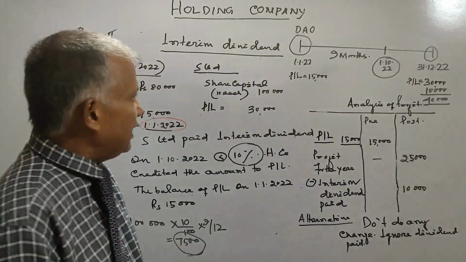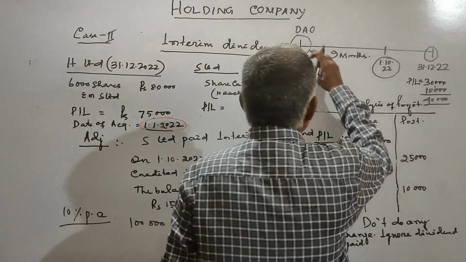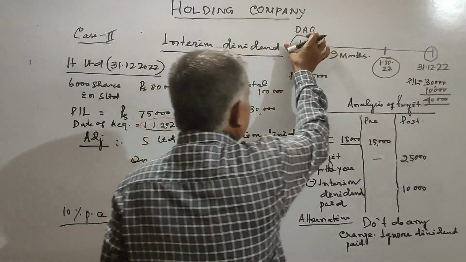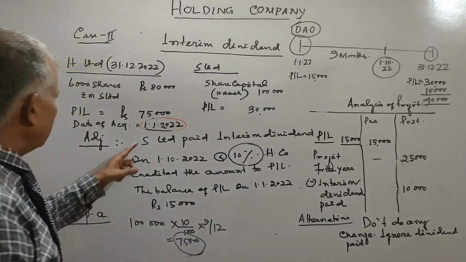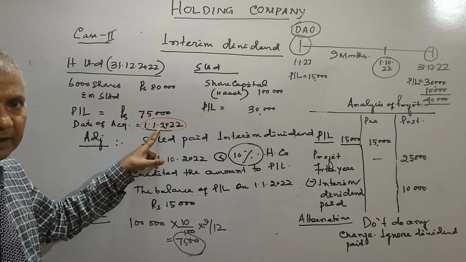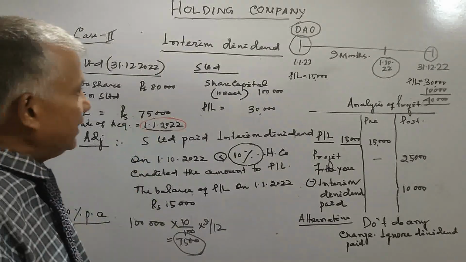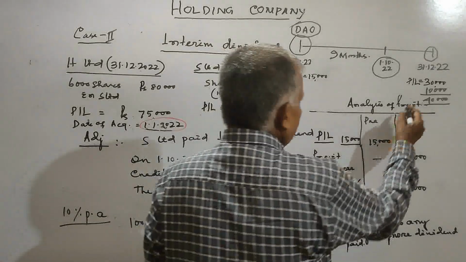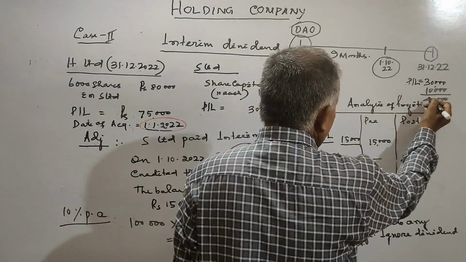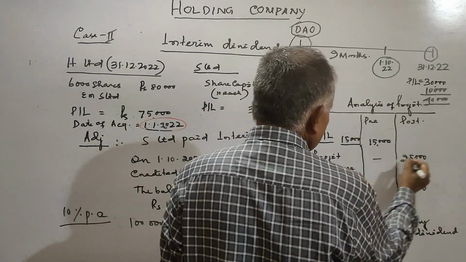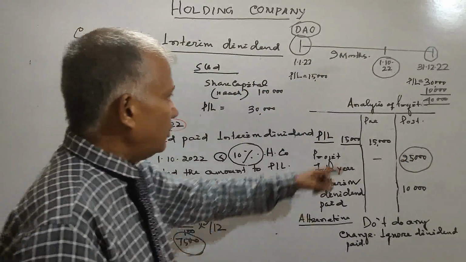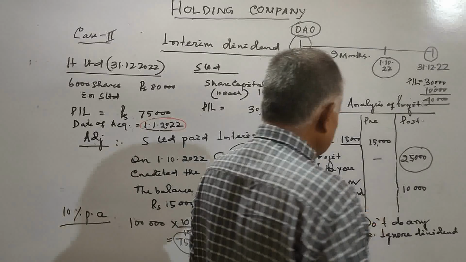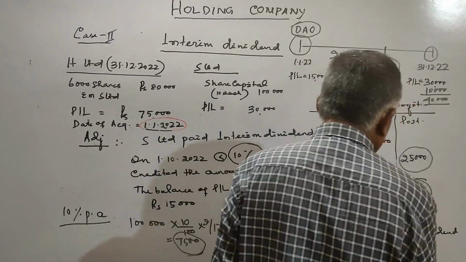So during the year, total year is the pre-acquisition period, because date of acquisition is 1/1/22. This is very important, right? So 15,000 to 40,000, profit for the year is 25,000. Out of 25,000, 10,000 is the interim dividend paid.